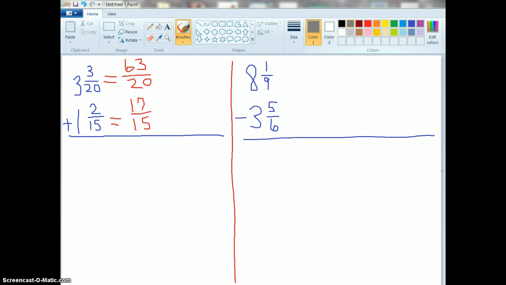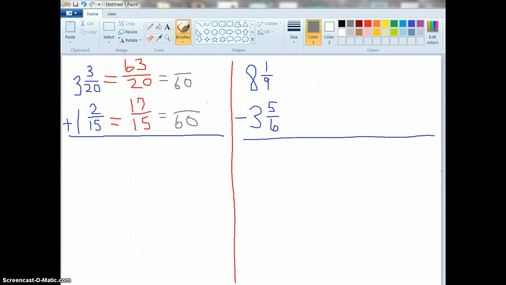Now you can find your least common denominator. So for 15 and 20, it would be 60 as the least common denominator. So we have 60. The next step hasn't changed.